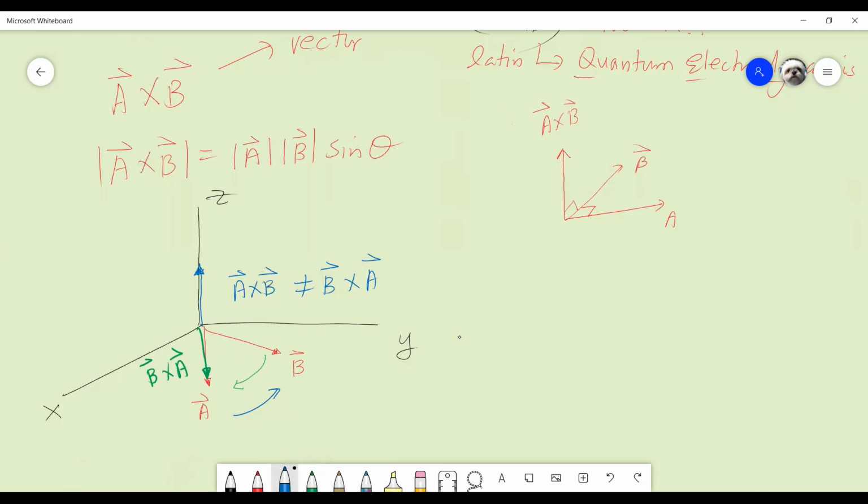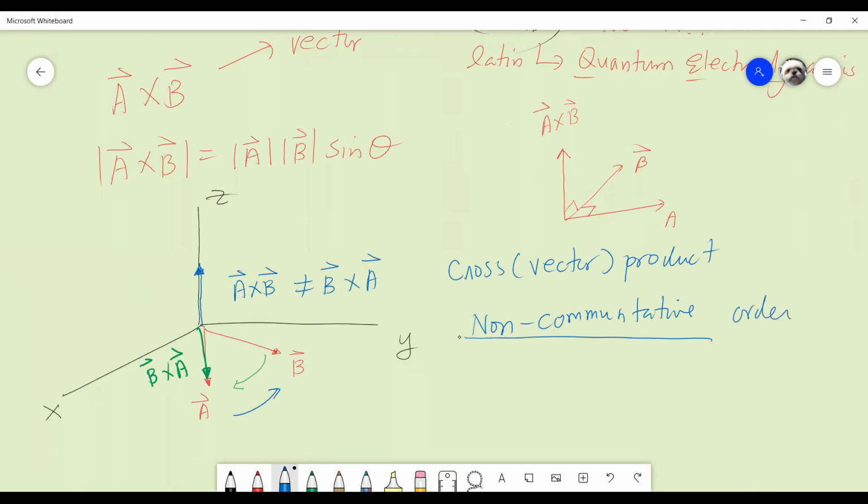So therefore, the cross product, or the vector product, is non-commutative. So the order matters. Commutative means the order does not matter, and non-commutative means the order matters. I think I made the comment before. Just keep it in mind. Are you with me? Yeah.